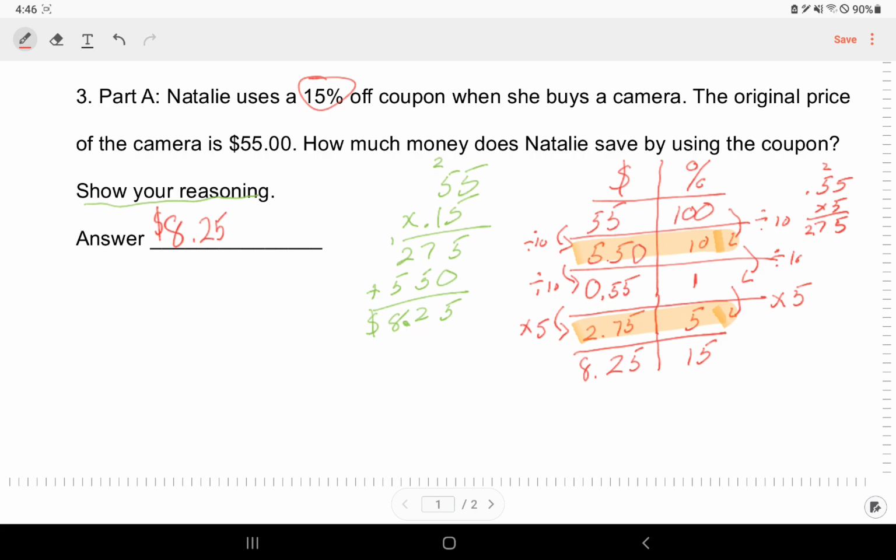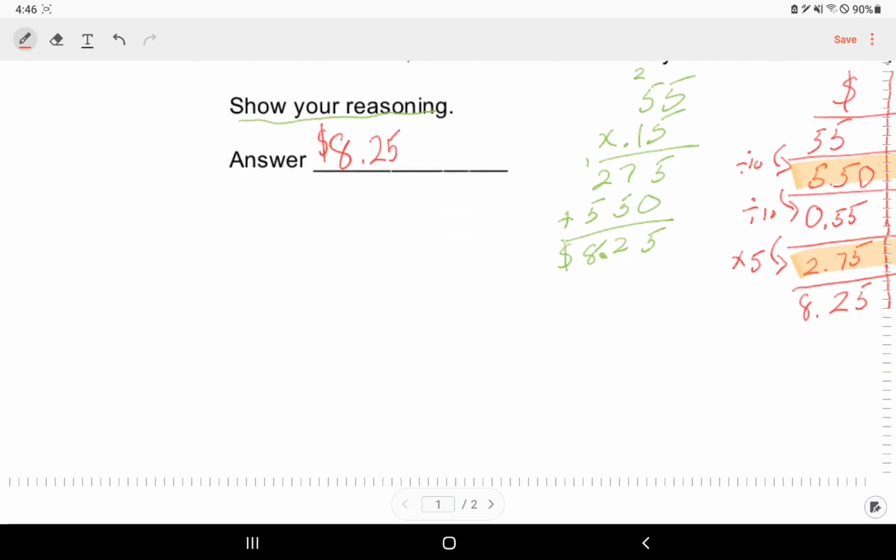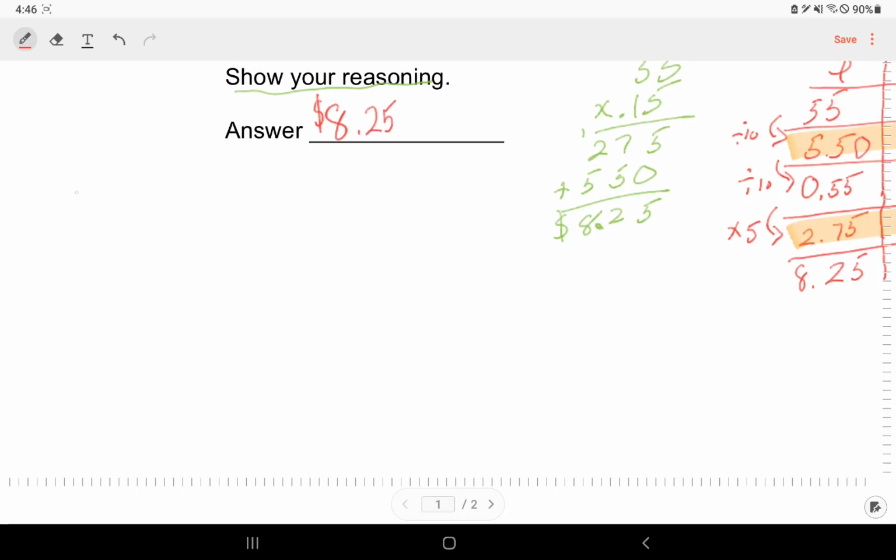Okay. We could do a double number line. And so we know that 100% is $55.